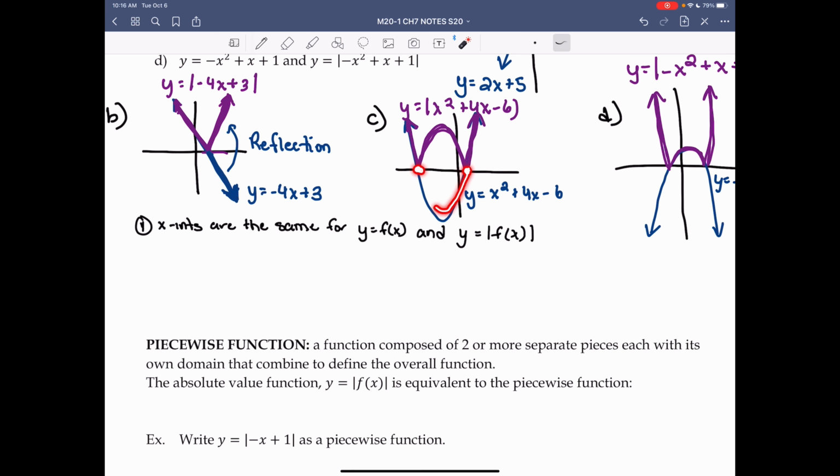Anything below that gets reflected up across the x-axis. D, we have the x-intercepts. They're the same on both functions. Any part below that gets reflected up across the x-axis. What are points called when they're the same on the original function and the transformed function? Those are called invariant points.